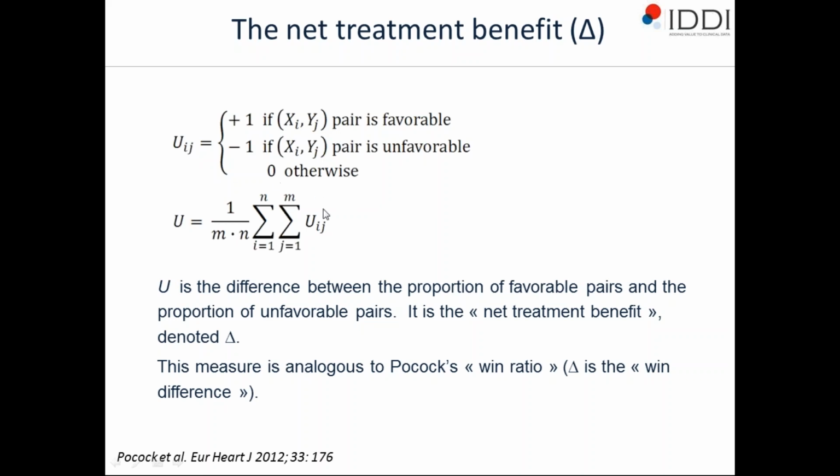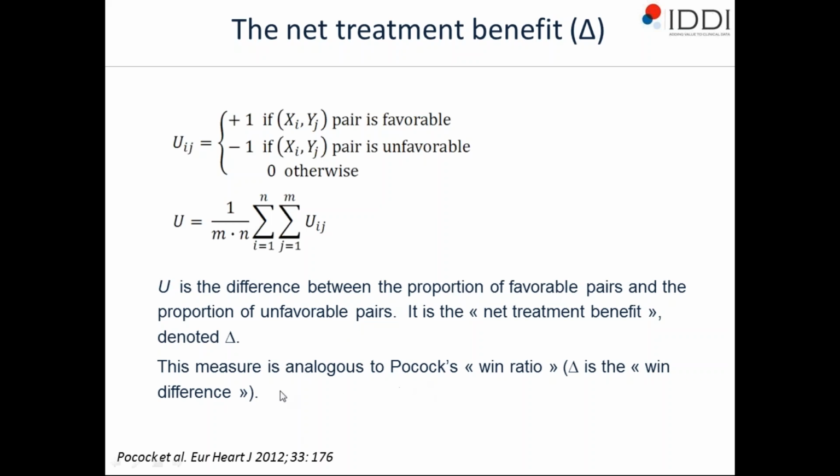The U statistic is defined as the sum over all the pairwise comparisons of the Uij indicators, which we set to 1 if a pair is favorable, -1 if the pair is unfavorable, 0 otherwise. And we then divide this summation by m times n, which is the total number of pairwise comparisons. And then the U statistic is indeed the difference between the proportion of favorable and the proportion of unfavorable pairs. It is the net treatment benefit.